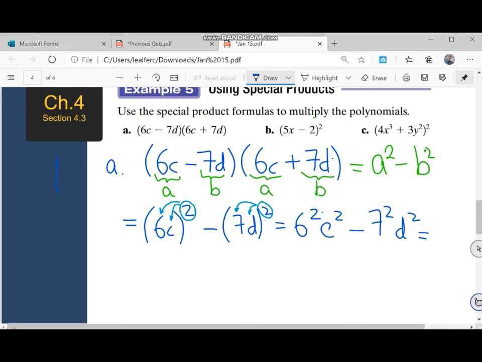And finding the squares, this equals 36C squared minus 49D squared. This is the answer. Look at that.